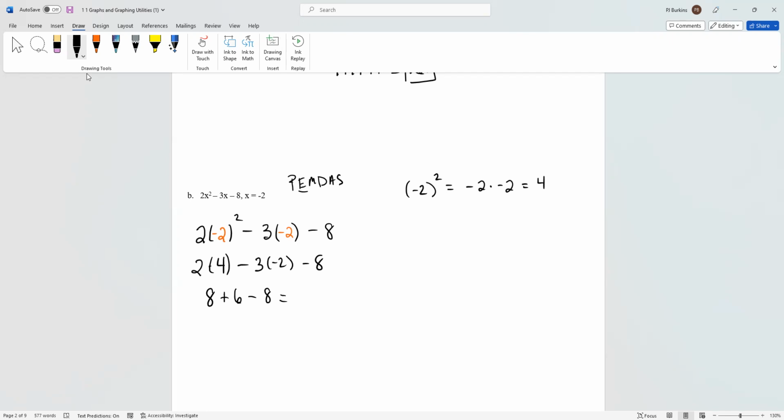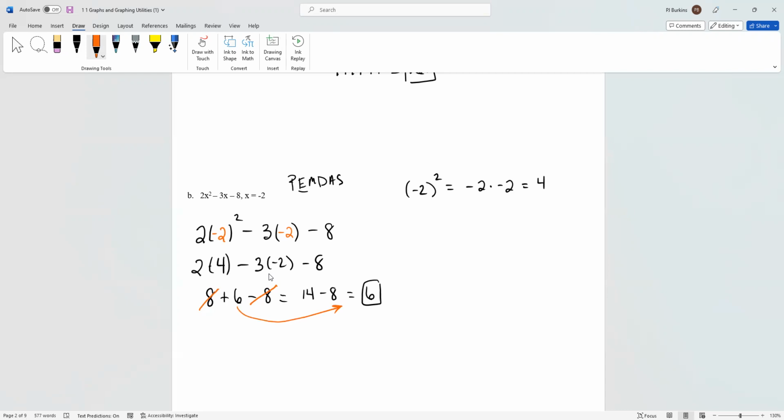So you could do 8 plus 6 and then -8 and get 6. Or even easier, you could say, okay, it's all addition and subtraction now. I could do that in any order. I have a +8 and a -8. Those cancel out, and that gets me directly to 6.